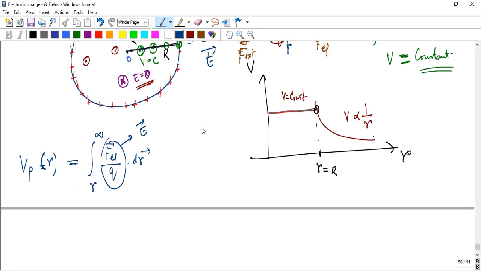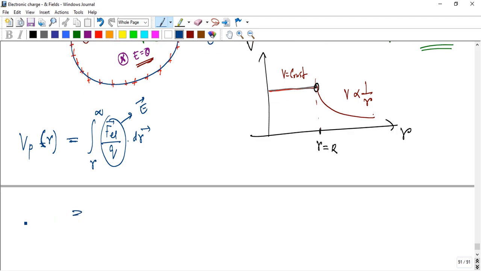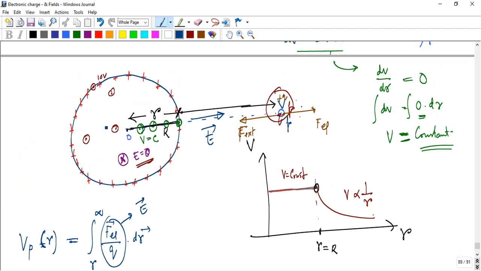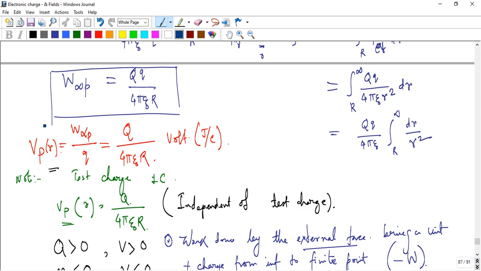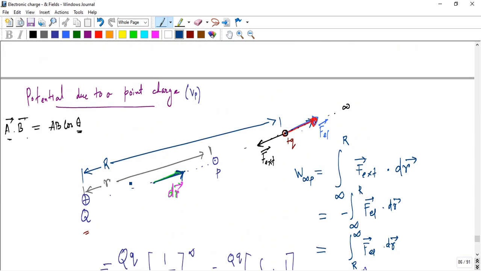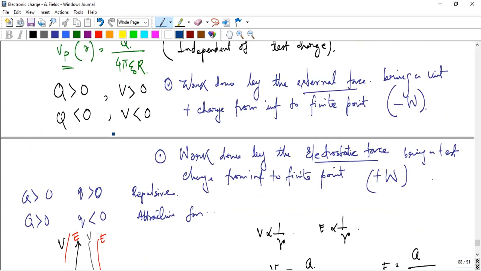So Vp of R to infinity, we get the electric field Q over 4 pi epsilon naught R square dr. Both are in the same direction, so AB cos theta, where theta is 0 degrees.